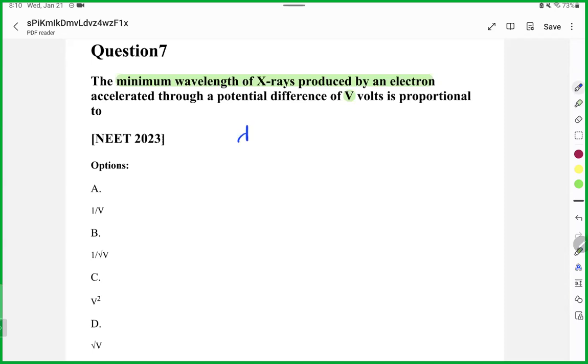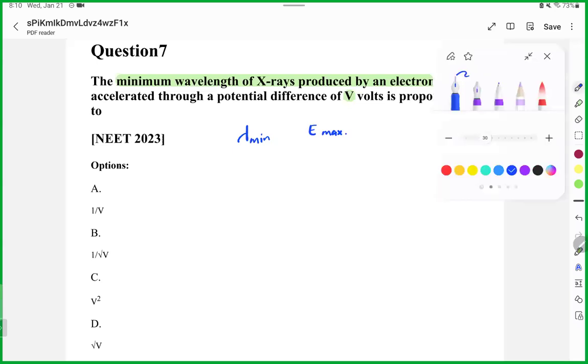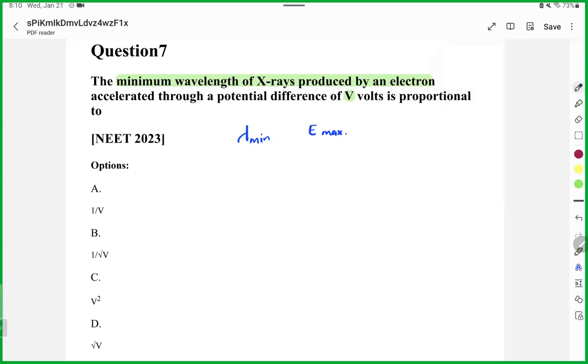When wavelength is minimum, then your energy will be maximum. And when the electron is moving, remember, what will happen? Your kinetic energy will convert into the potential energy. Make sense?